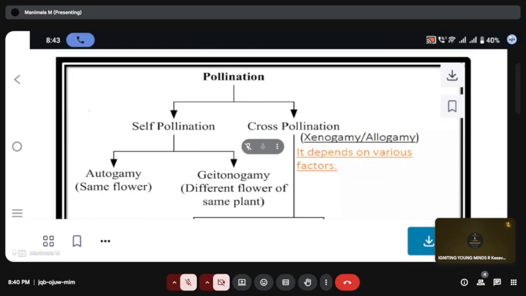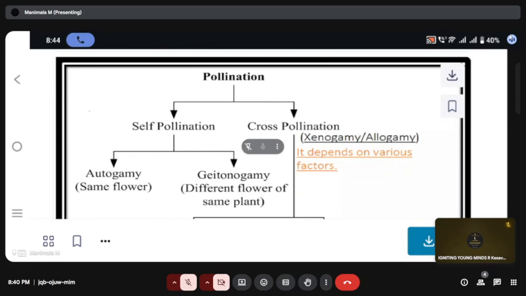So generally where does self pollination take place? In a bisexual flower. How does it take place? Generally, when the flower opens, it exposes the anther and the stigma. When the flower is open, exposing the male and female parts, automatically the pollen grains fall onto the stigma and the process takes place.